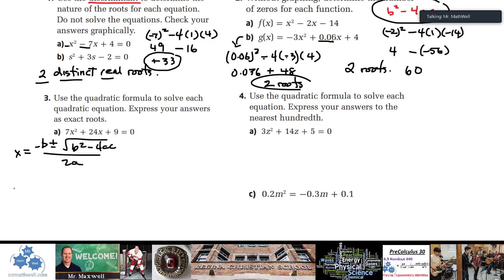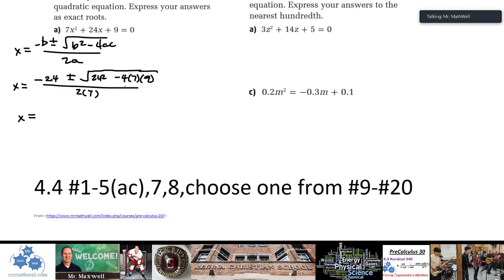So x equals negative b, which is 24, plus or minus root 24 squared minus 4 times 7 times 9, all over 2 times 7. When you evaluate that, this gives you the roots. If you don't turn it into a decimal, you're going to get the exact root. So let me show you that.